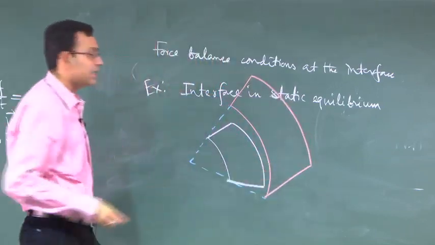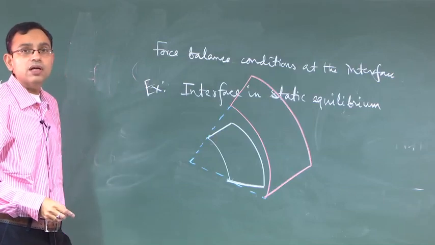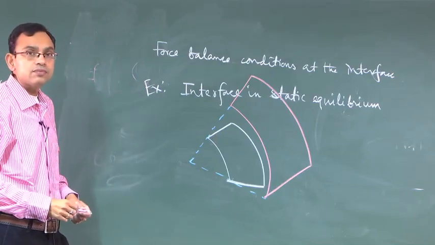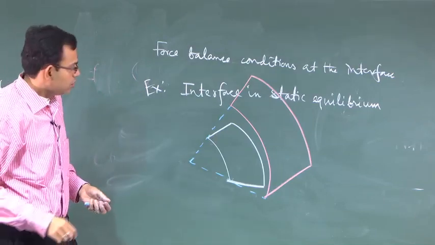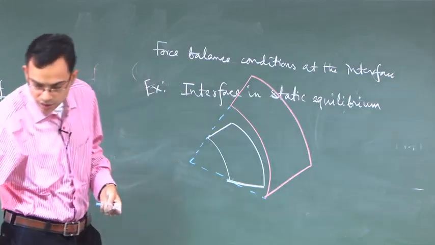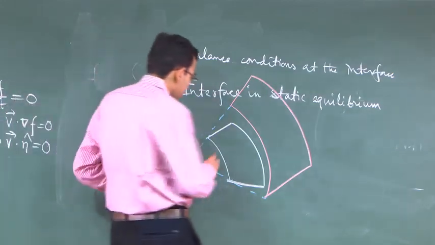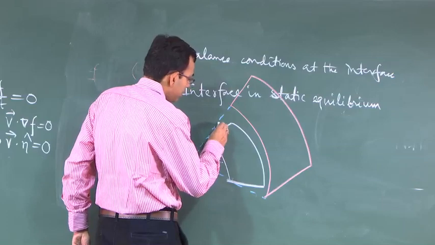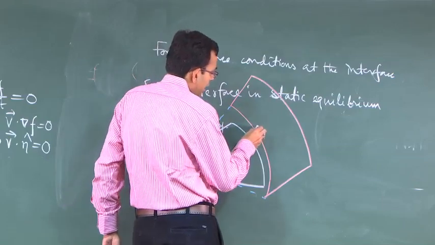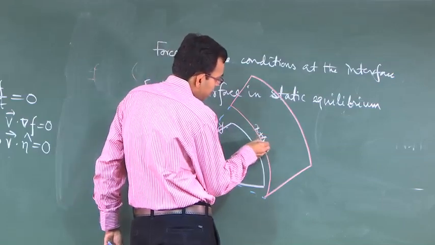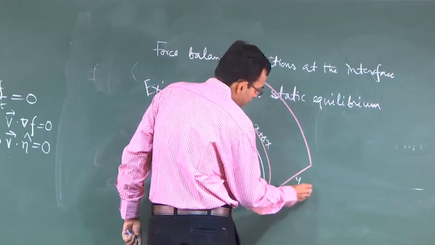Just arbitrarily like this. This is the new configuration of the interface. Let us say that this dimension was x, this dimension was y, and this now has become x plus delta x, this has become y plus delta y.